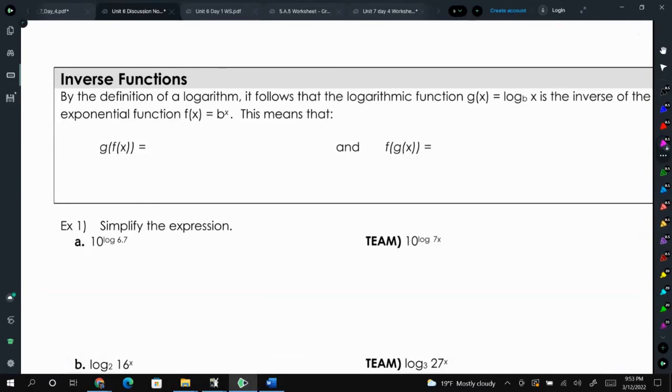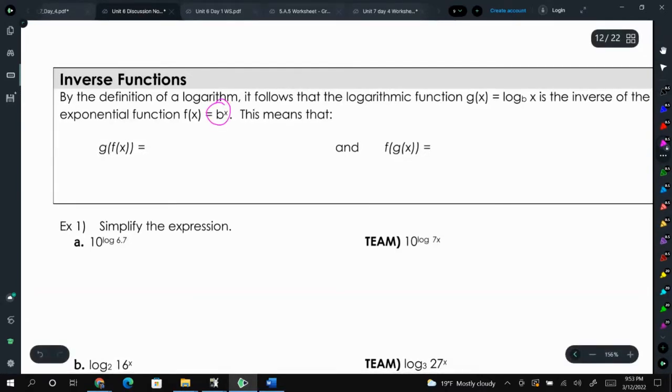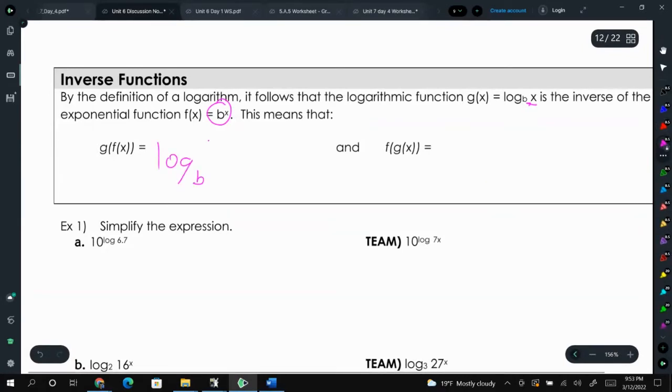So remember, g of f of x means you're going to take f of x and plug it into the x of g. So that would really be log base b, but instead of x, we would write b to the x power. But we also know that when you do the composition of inverse functions that it just equals x.